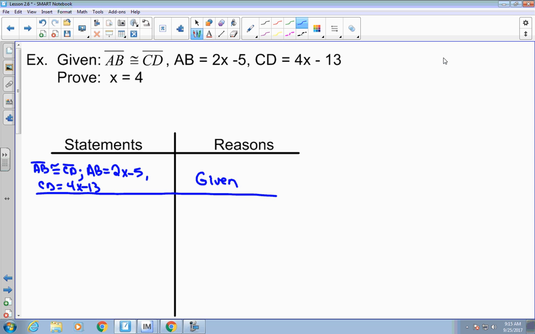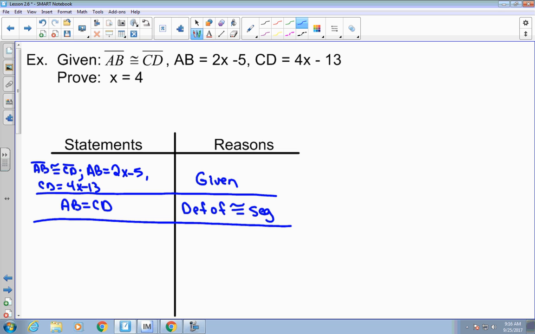Like I said, I want to take this congruent statement and change it into an equality statement. And what did I say allows us to do that? Definition of congruent segments.